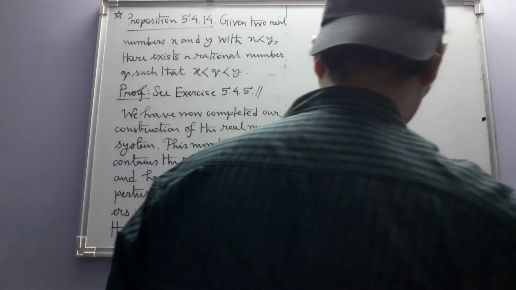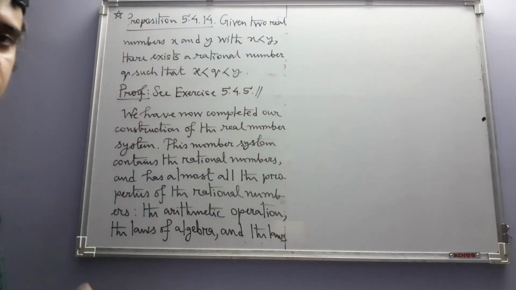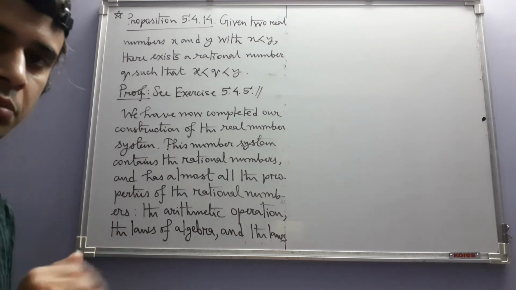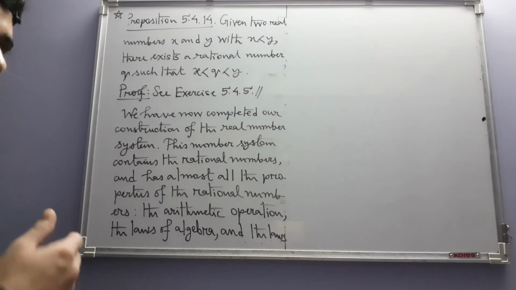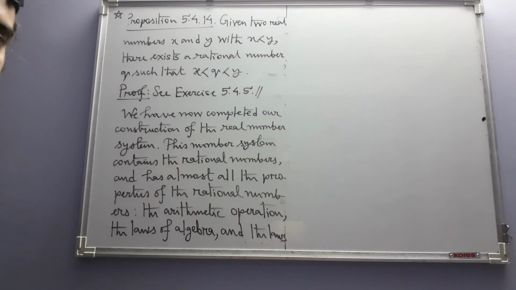Or those laws that involve both order as well as some arithmetic operation. Namely, if you have x greater than y and z is a positive number, then xz is greater than yz. This is true if x, y, z are rational numbers and also true if they are real numbers.